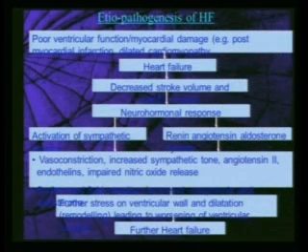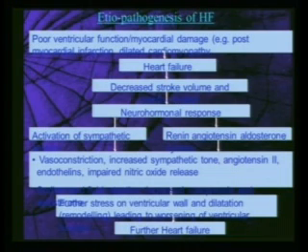The etiopathogenesis of dilated cardiomyopathy: the patient comes with a poor left ventricular function with a myocardial damage. The patient comes with a decrease in stroke volume, decrease in the cardiac output. And with this, there is a neurohormonal response in which there is an activation of the sympathetic system and the renin, angiotensin, aldosterone system. Two systems are activated.